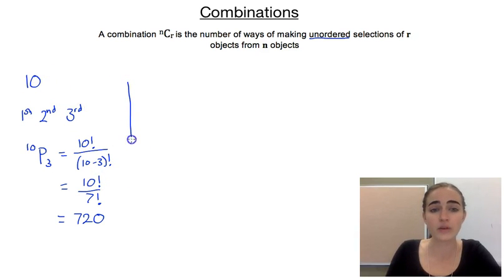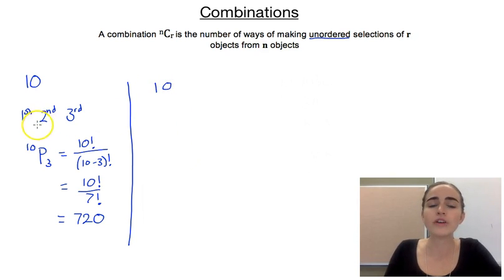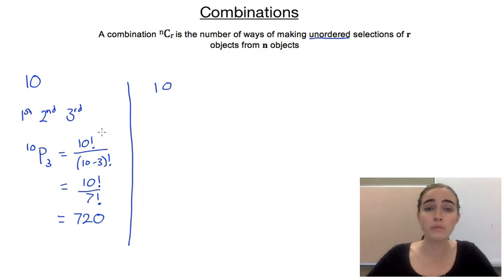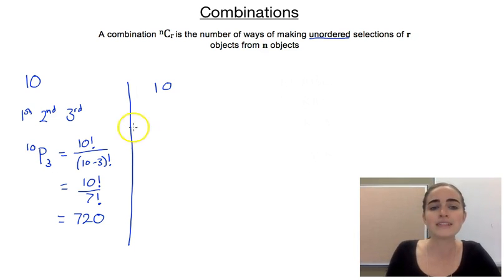Now I want to change that question slightly. We're still going to have 10 people, but this time we don't care about first, second, and third place. All we know is that the top 3 people are all going to go on to the next level of the competition. So we don't care whether they came first, second, or third, as long as they were in the top 3. That means we're going to have some redundancies.